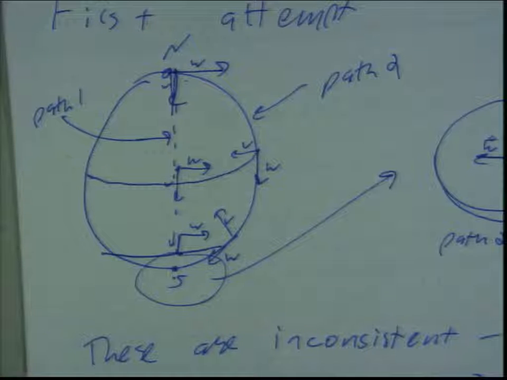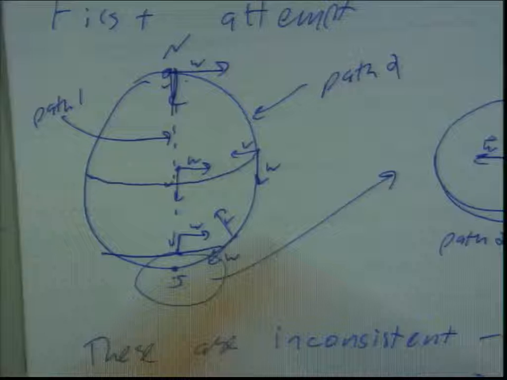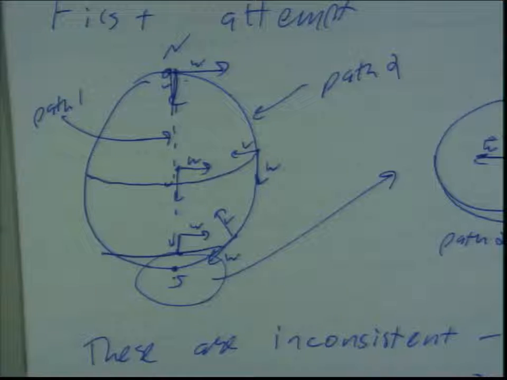Because remember, in the end, what I'm trying to do is get at every point a frame. And in particular, that has to be consistent. That is, at the south pole, I have to have a single frame there. And so this naive attempt of just taking one frame and pushing it around is going to give me a problem at the south pole because, again, if my thumb is V and my index finger is W, at the bottom, V and W have to have a well-defined definition.